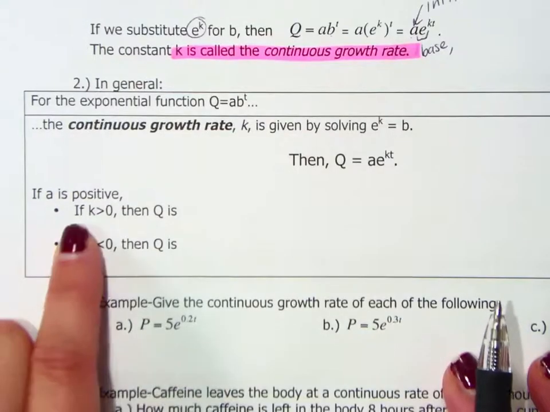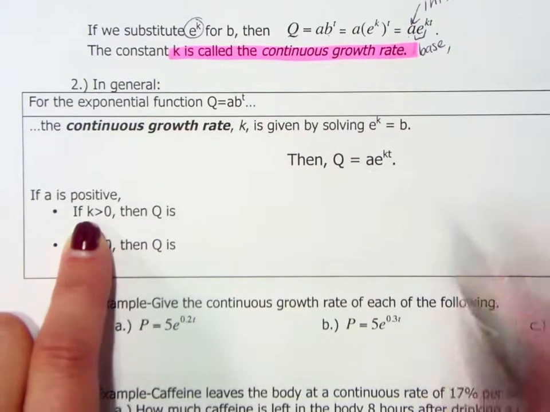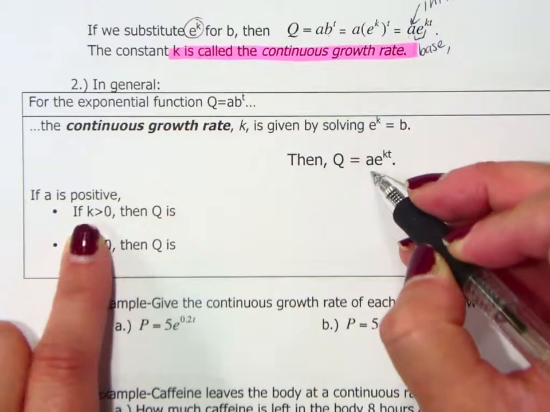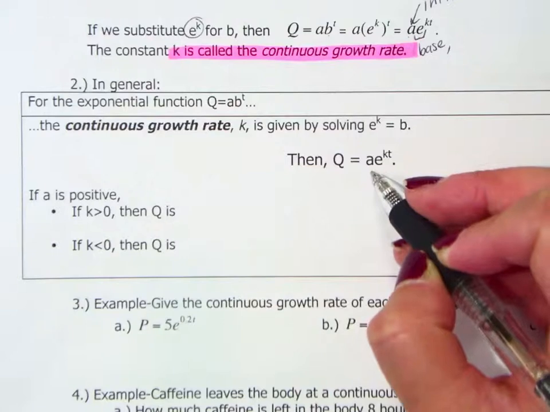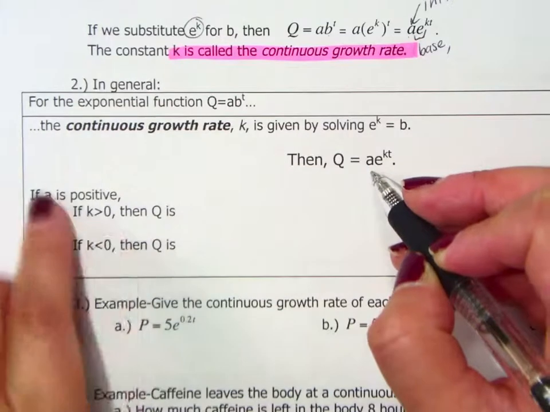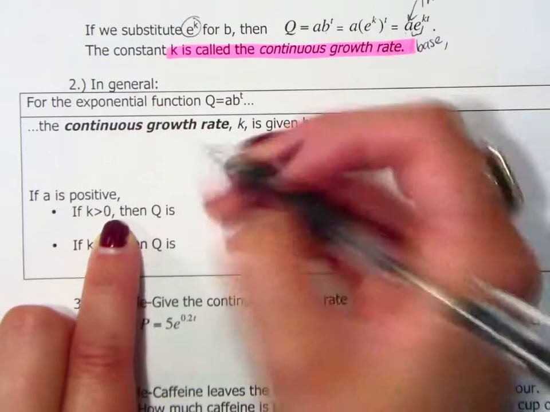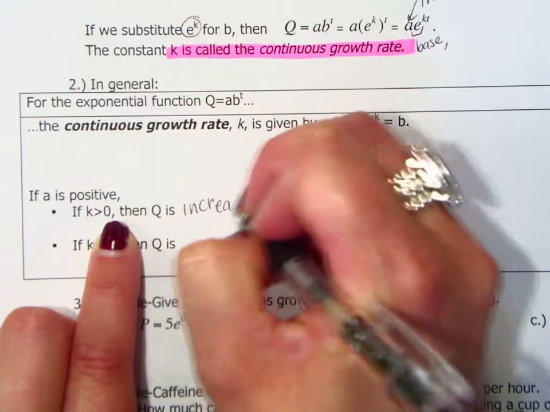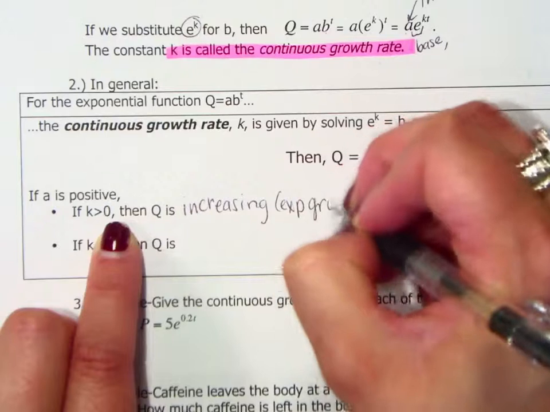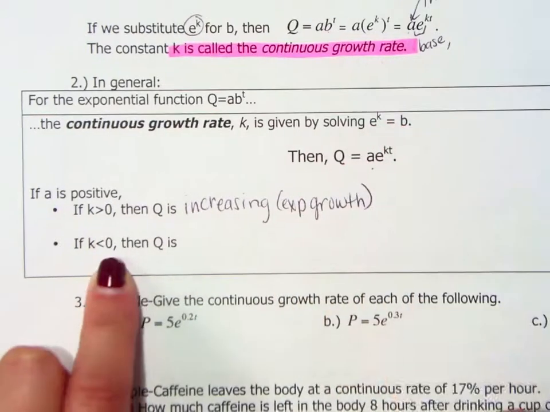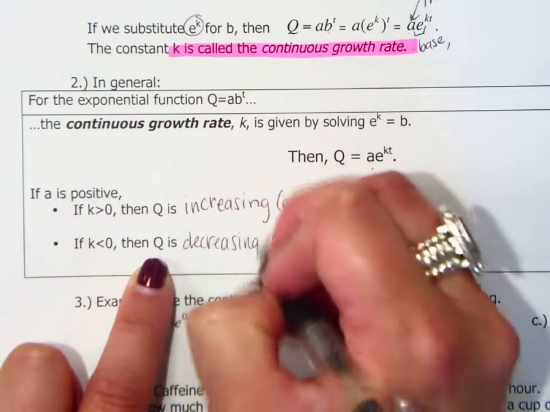If a is positive, which we've seen all along, since we've had only positive initial values because we haven't been starting with a negative amount of money or a negative number of people in a population, so this is not changing. And k is greater than 0, then q is an increasing function or exponential growth. And vice versa. If k is less than 0, then q is decreasing or exponential decay.